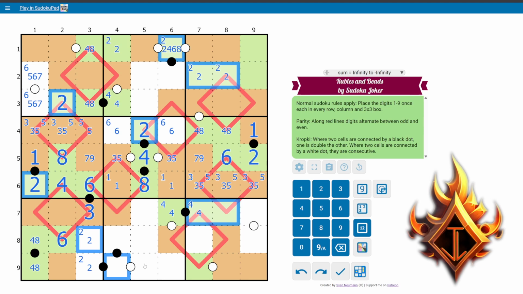So, well, right, that would have to be 1. Then that one could be 1 or 4. That one would be 3. I guess that would be okay though.